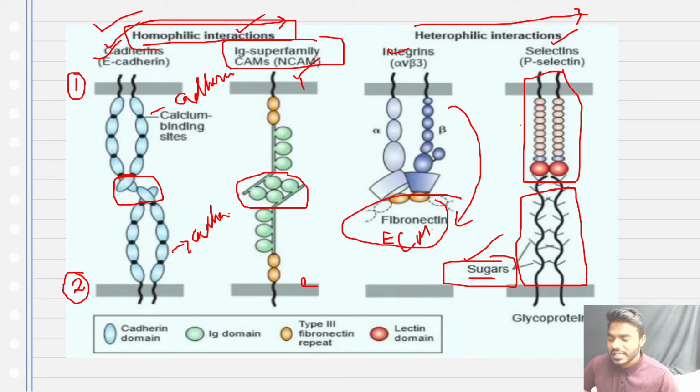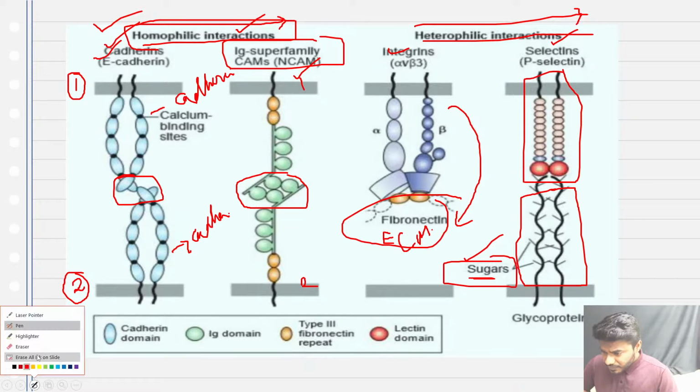So we can easily conclude that, listen carefully, friends: when a CAM molecule associates with another CAM molecule, we call it homophilic. If the CAM molecule, instead of associating with another CAM molecule, associates with any other specific molecule, then we call it heterophilic interactions. Kindly do not get confused with that.